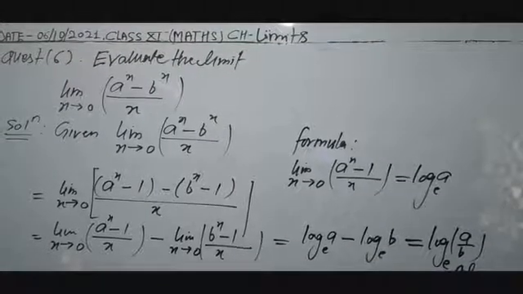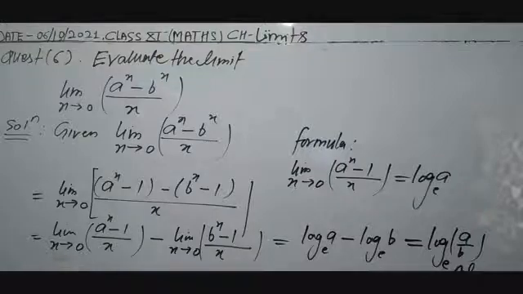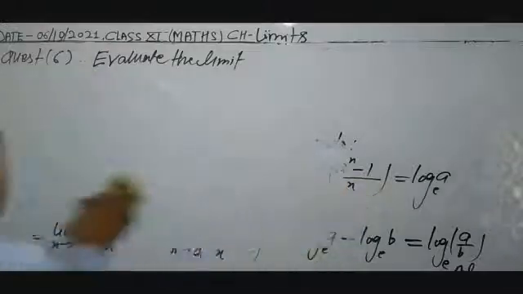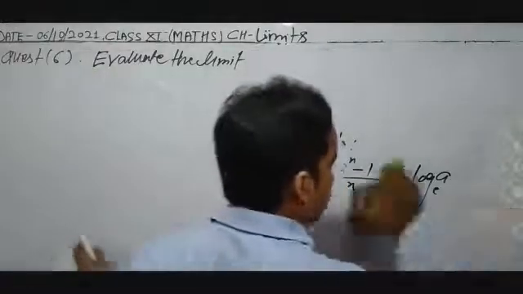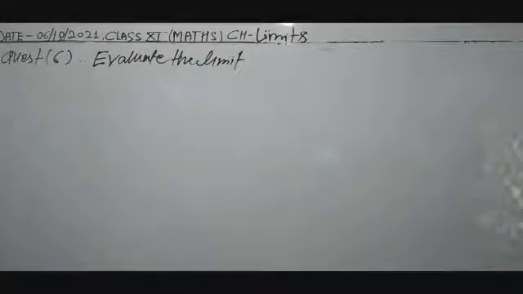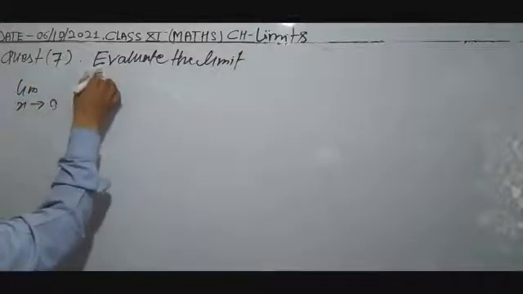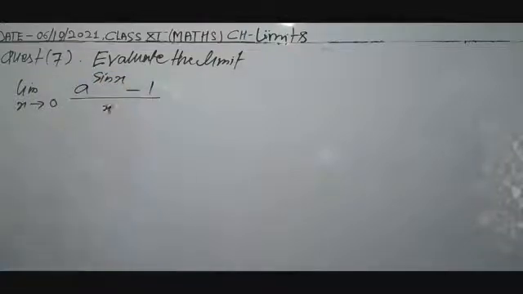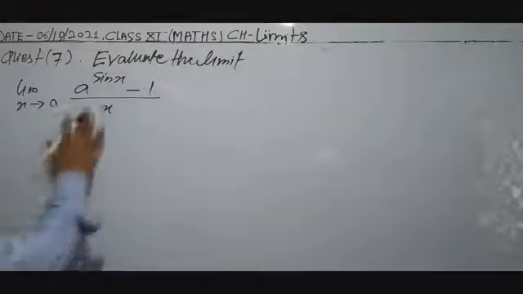Question number 7 is evaluate the limit x tends to 0 a to the power sin x minus 1 whole upon x. This is given, sin x.